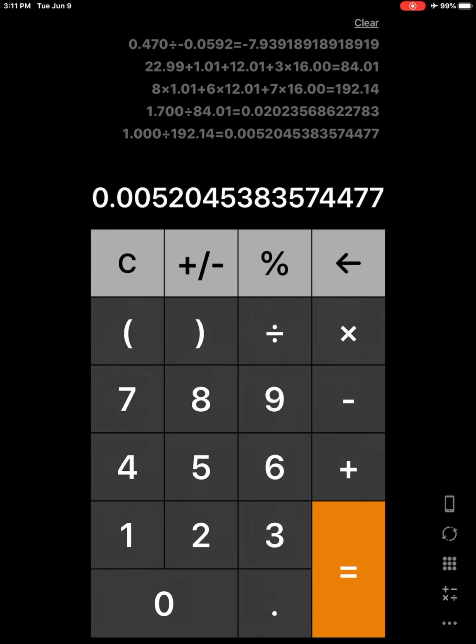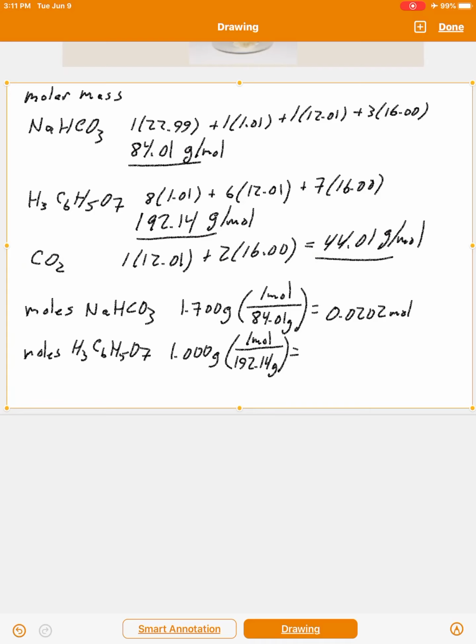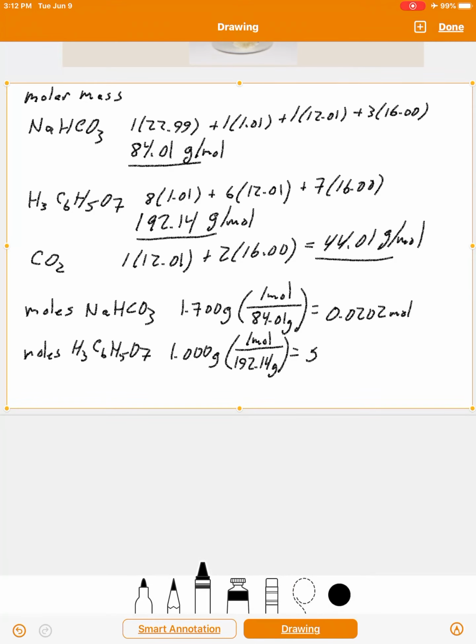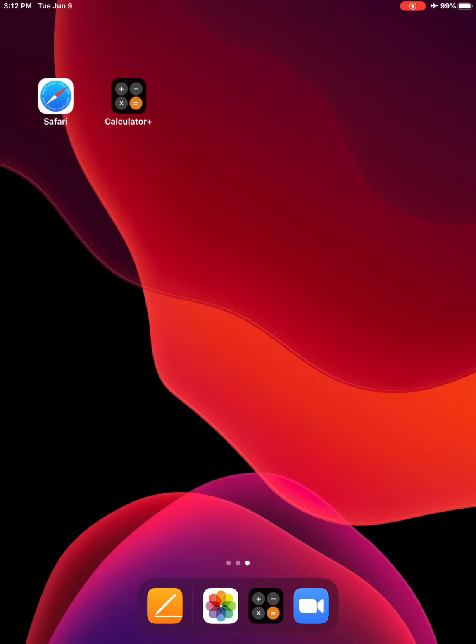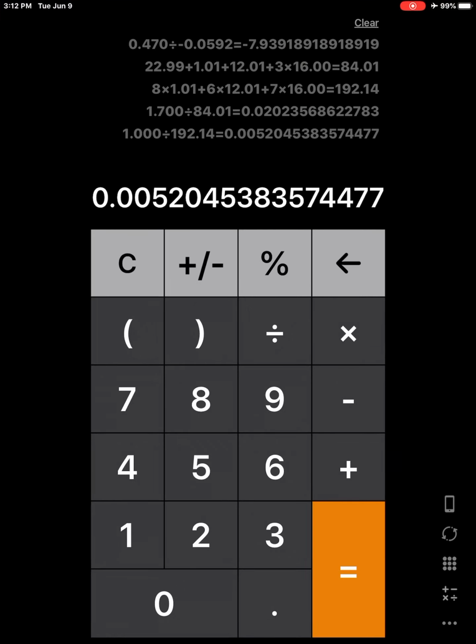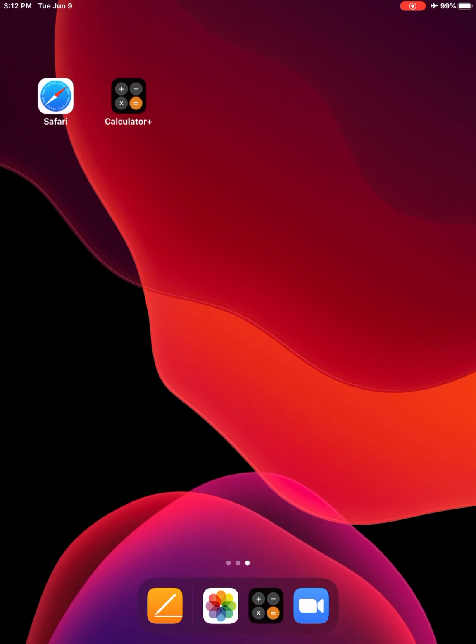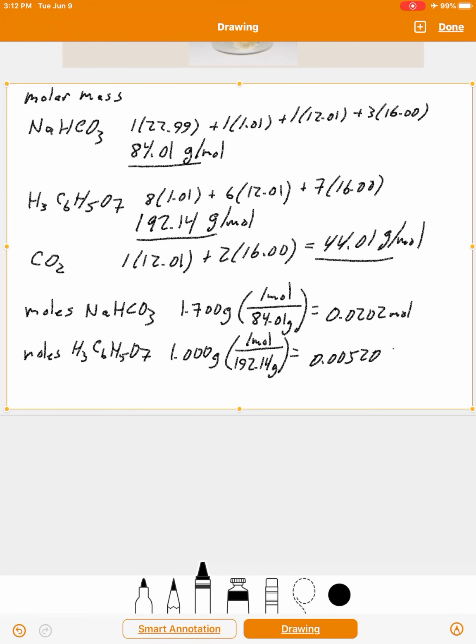Smaller, right? 0.00520. Actually, let's do this. That's 3 sig figs. I'm going to try to get one more: 0.005205. So there's our moles of each of the reactants.